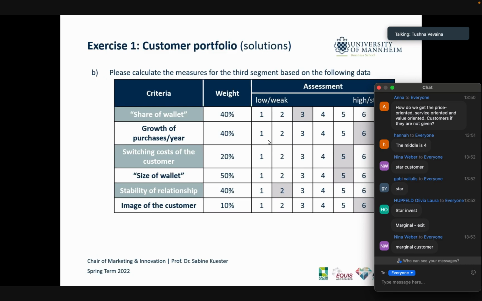You were asked to calculate the attractiveness and own position score for segment C. So maybe take a minute and try solving it yourselves, and then we can see the solution. And remember, when you're solving it, segregate your different criteria correctly. We've even marked it to make it easier for y'all.